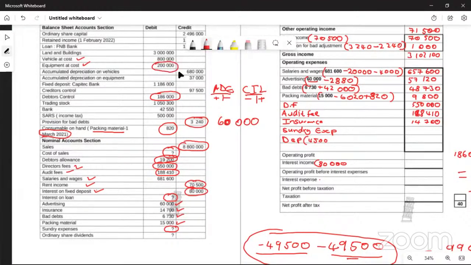So to calculate the cost price for those assets that stayed for the whole year, we have to subtract the 60,000 because it's included there. We're calculating the cost for the old assets.